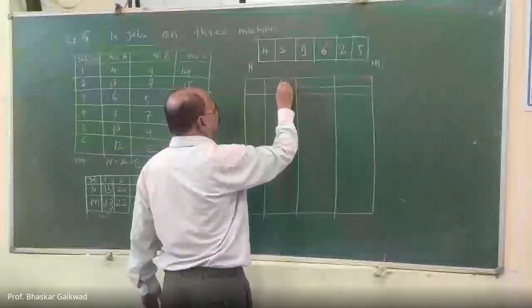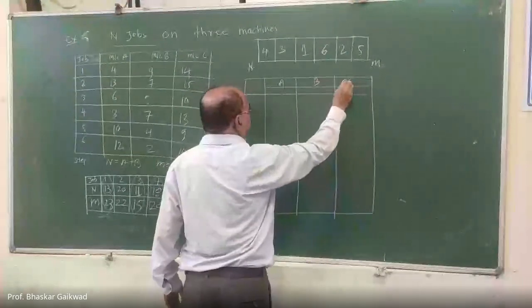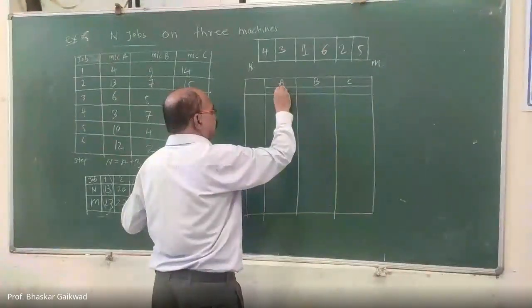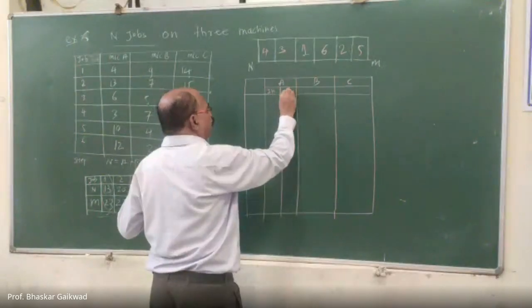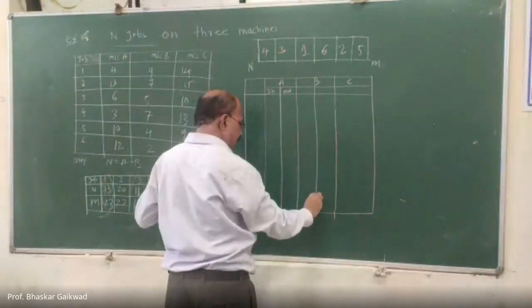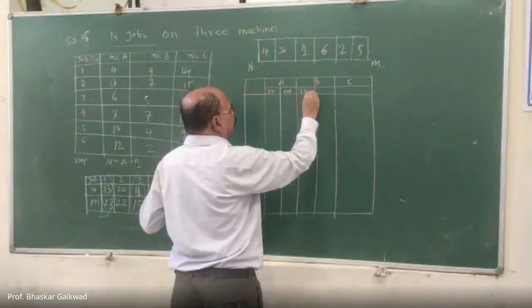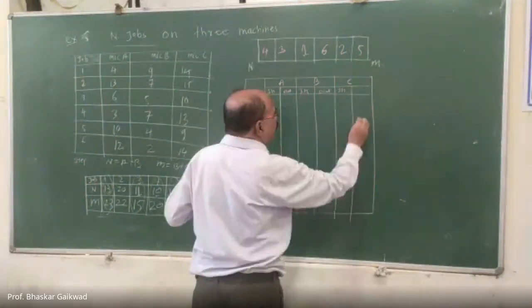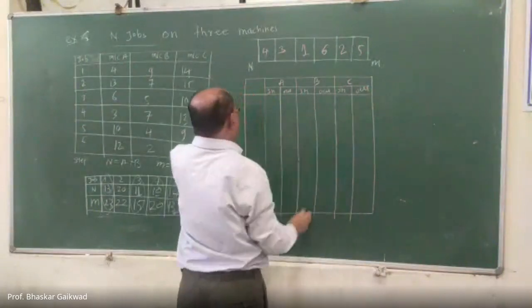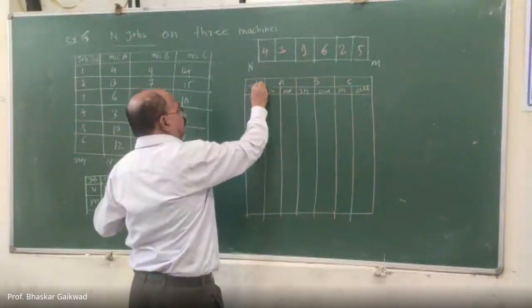This is machine A, B, C. In this, in time, out time, in, out, in, out. And here it is the job.